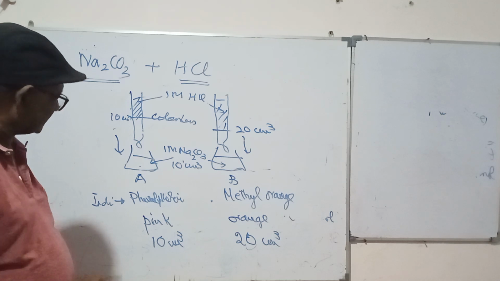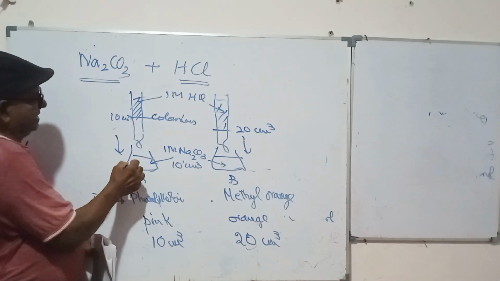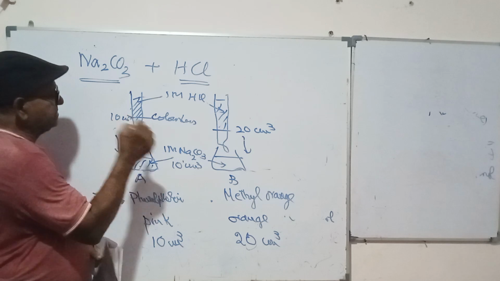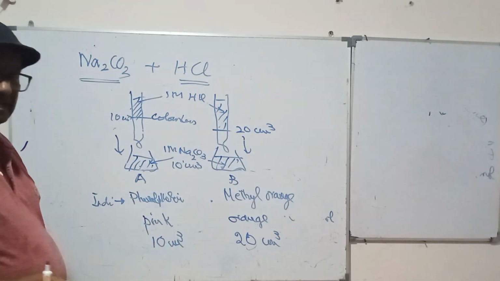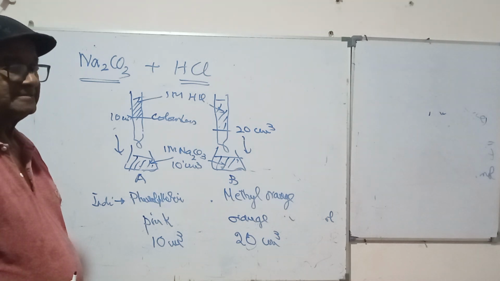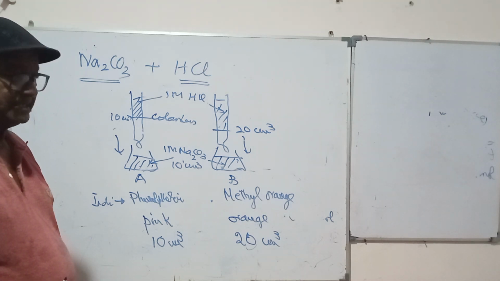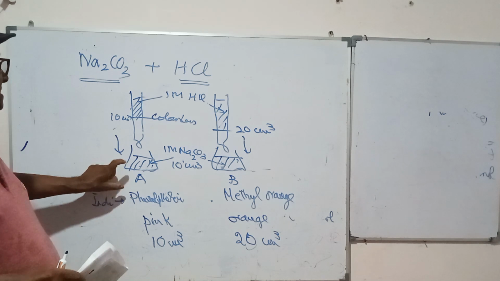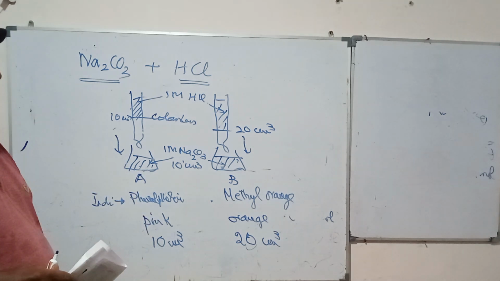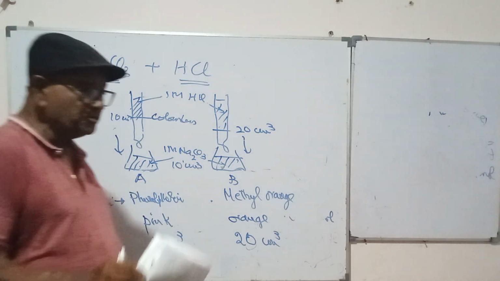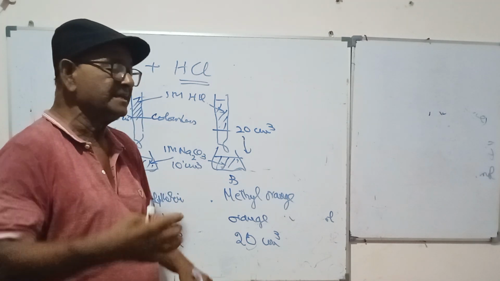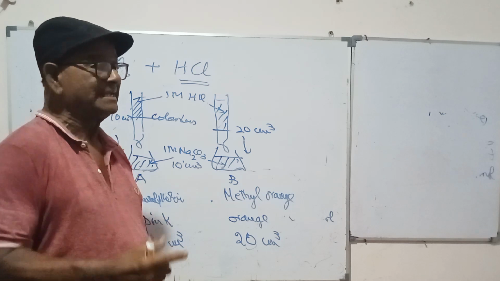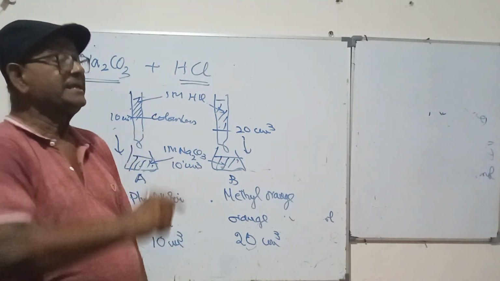So, it is clear that in these two titrations, two reactions have occurred, right? Only difference is the indicator. But you must know that an indicator is unable to change the reaction, but it can change the step of the reaction.